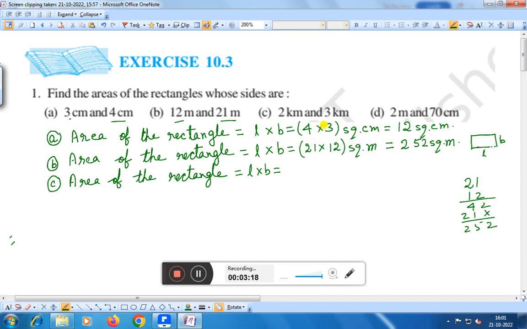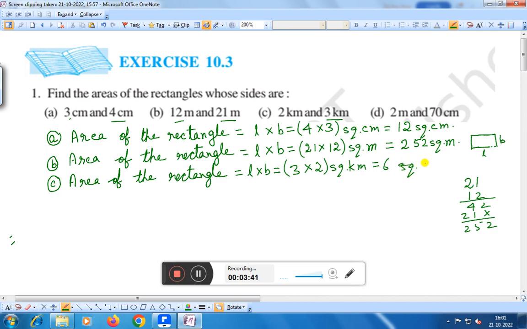What is the length in this case? Here you see 3 km is the length. That is 3. And 2 km is the breadth, that is 3 into 2. And the unit will be square kilometer. And that comes to 6 square kilometer.